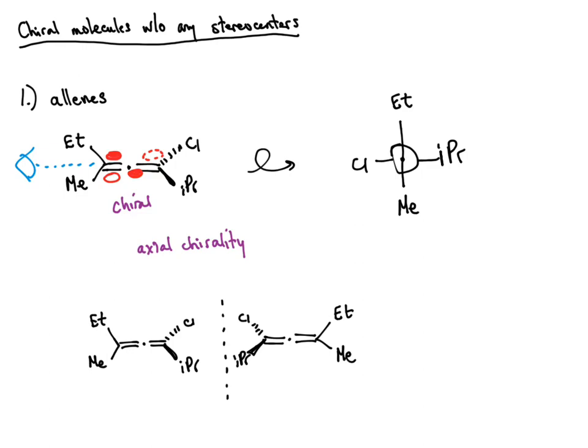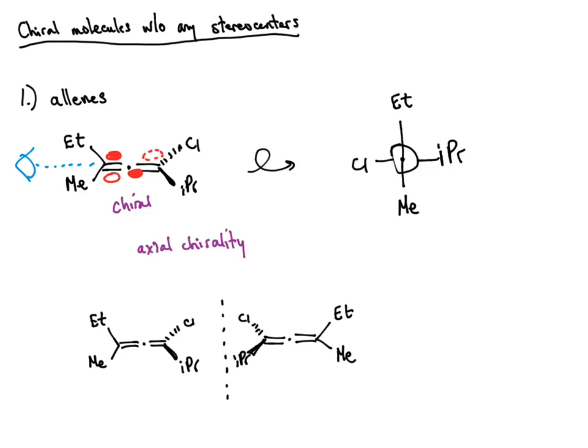And if I were to try to line up the ethyl and the methyl group by flipping this molecule from front to back 180 degrees, the chlorine atom would be facing forward and the isopropyl group would be facing backwards. And so these two things are enantiomers, which means that the first molecule possesses a non-superimposable mirror image, and therefore it is chiral. So allenes are one example of this.